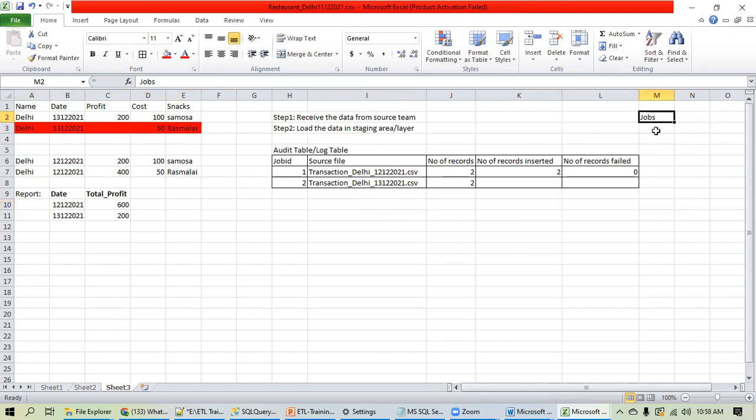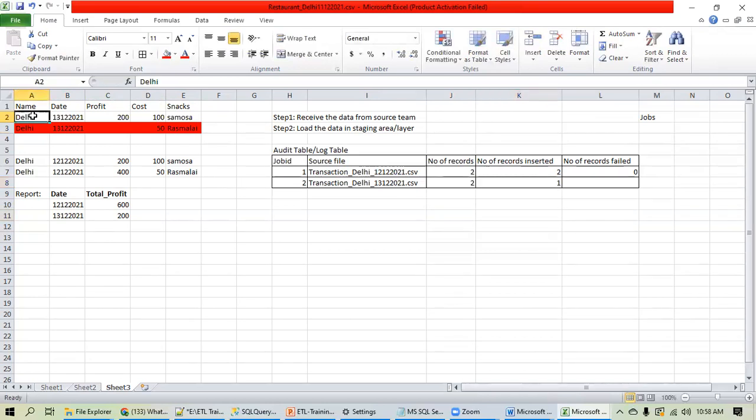Because inside your job, you have written a script that if this profit column is blank or null, please don't accept it. So when you run the job and it sees a blank or null here, it will reject this record and it will not be inserted. Now you tell me, in this case, how many records will be inserted? 1.